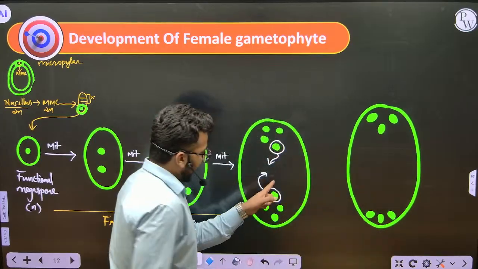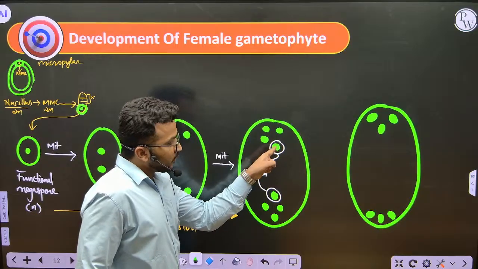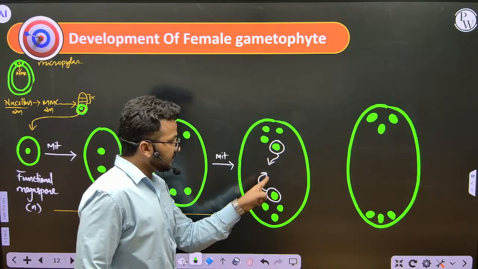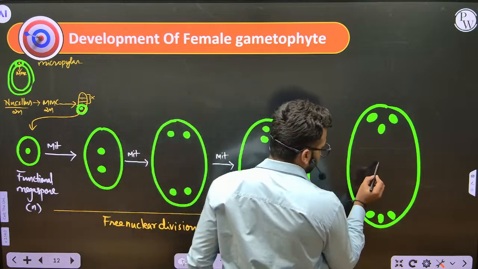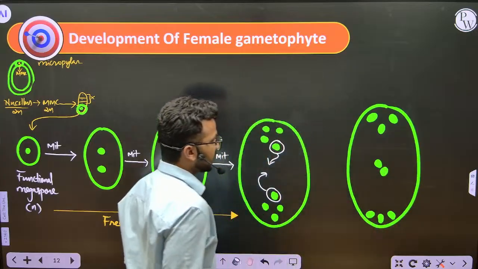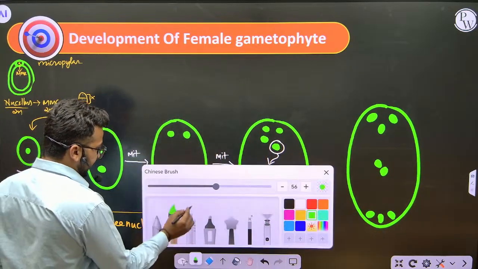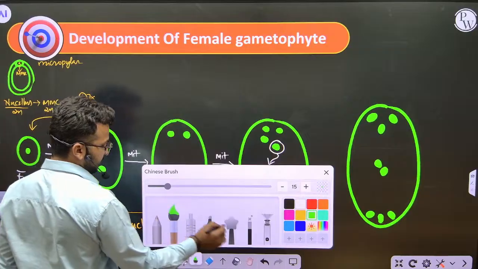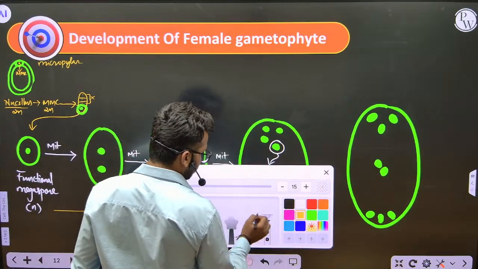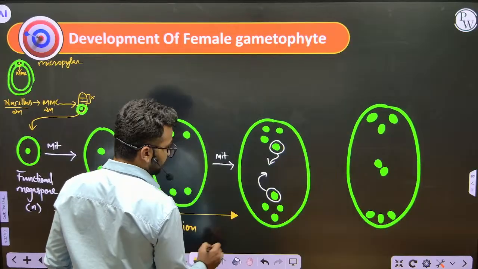From this polar end one nucleus is coming to the center, and from the other polar end another nucleus is coming to the center, forming two nuclei at the center. Now the wall formation will take place. See, understand this one. Now wall formation is seen.